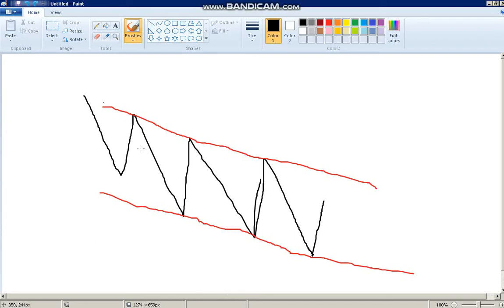What happens with this one is that when the descending channel is forming, it will reach a point where it's no longer sustainable, and it has to break and go up. With the descending channel, what we will be looking for are trades which are going bullish, going upwards.